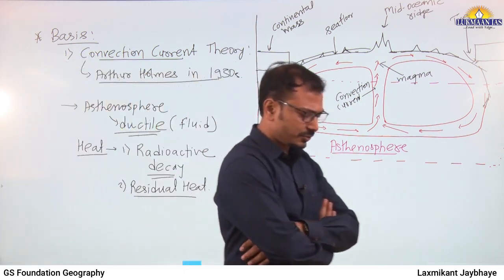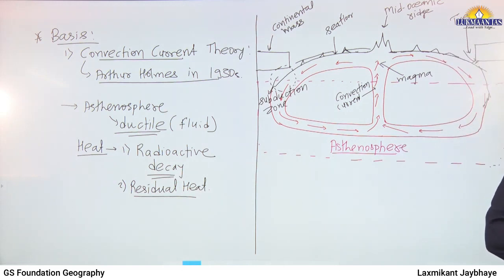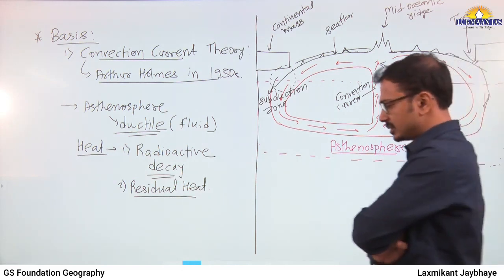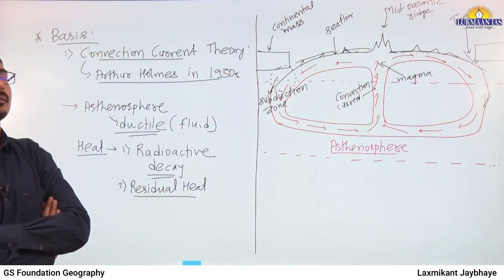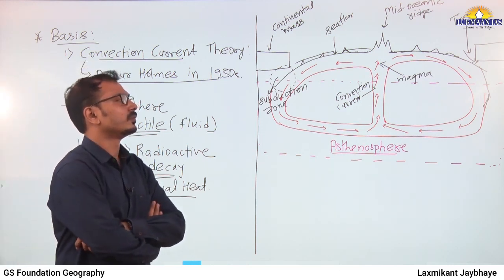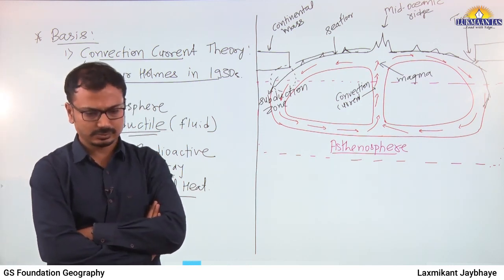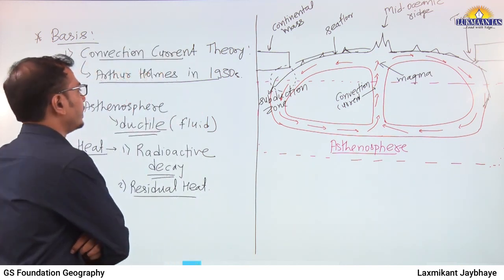The diagram which we have provided in the PDF, that is also a good simple diagram. You can draw that also in the answer. Okay, let us write down the next point in the same.